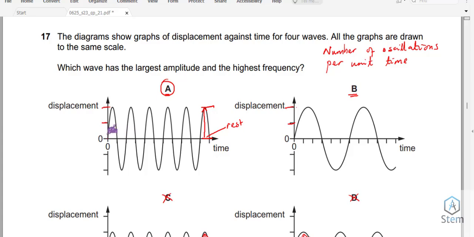For example, in 1 unit time, A has completed half an oscillation and B has completed less than a quarter of an oscillation. So A is our answer.